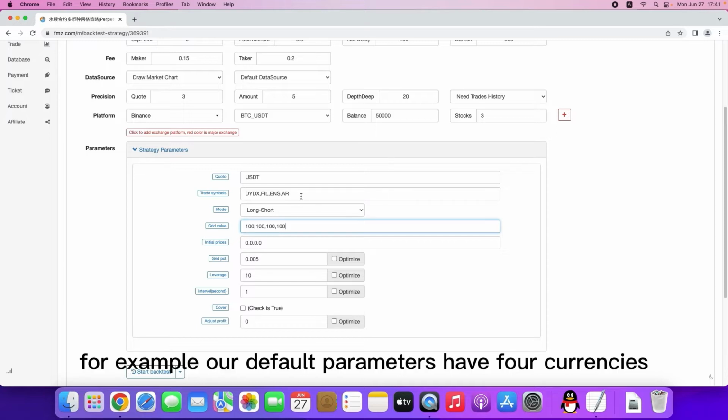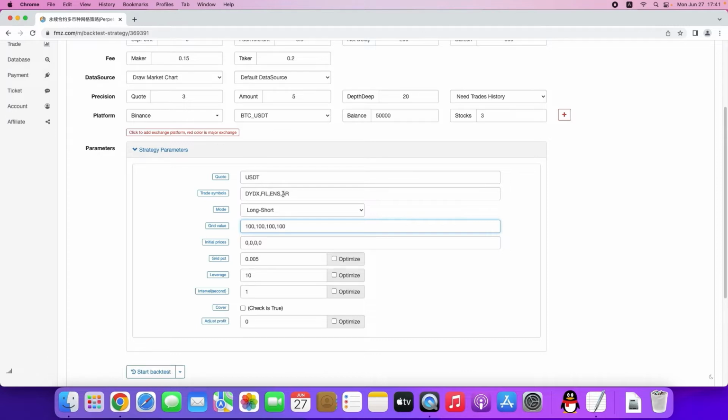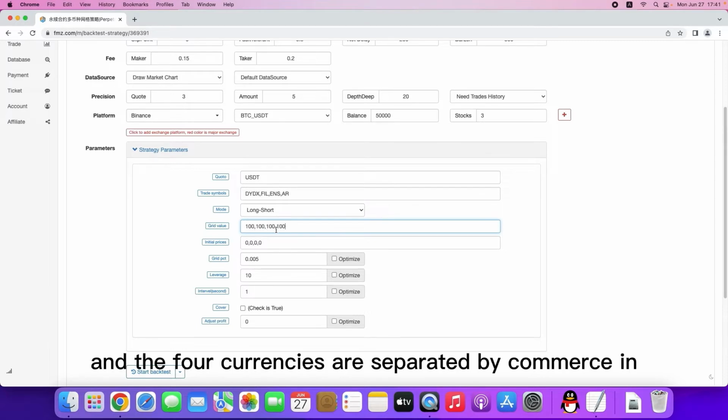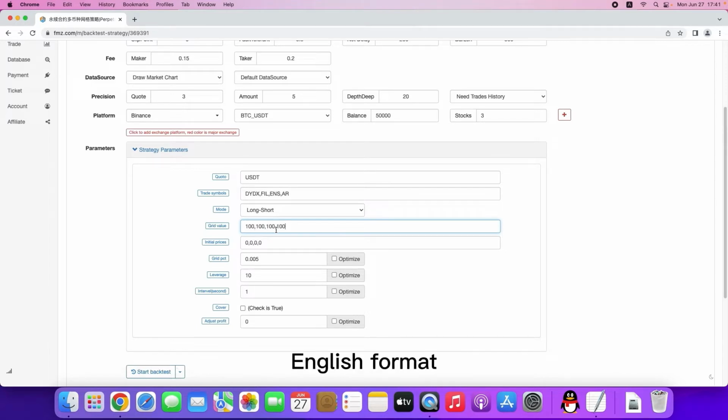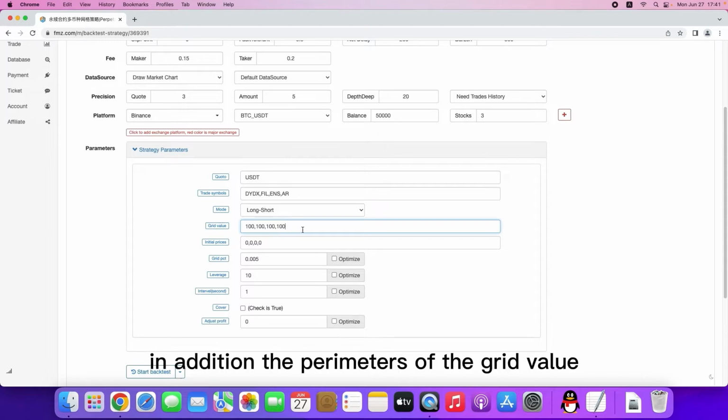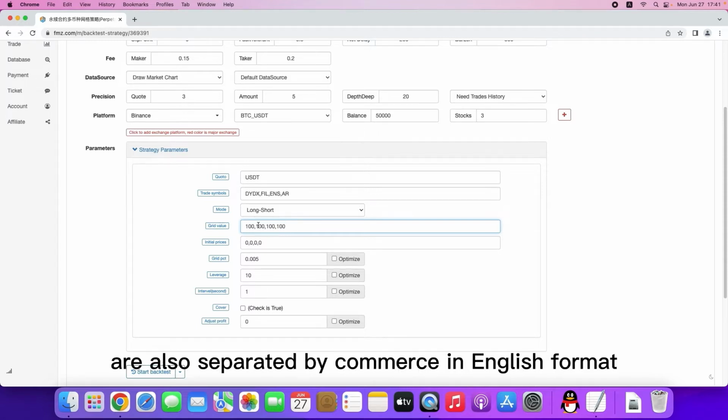For example, our default parameters have four currencies: DYDX, FIL, ENS, and AR, and the four currencies are separated by commas in English format. In addition, the parameters of the grid value are also separated by commas in English format.